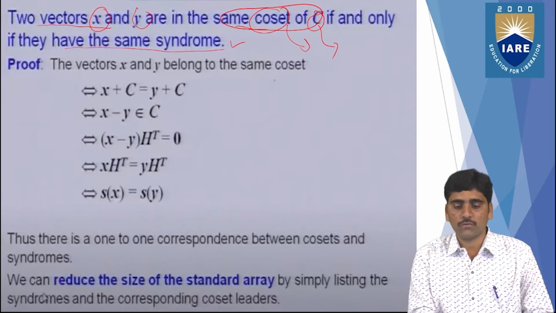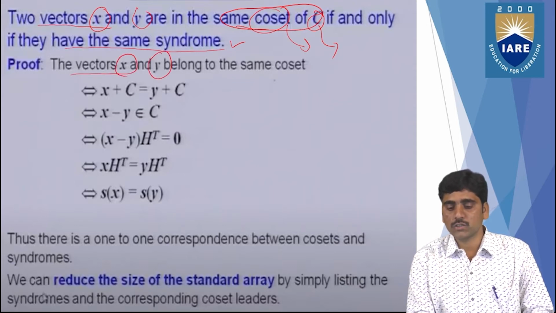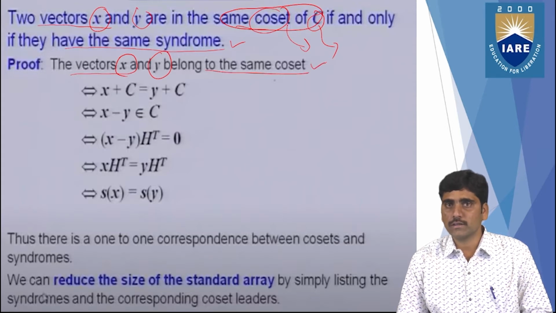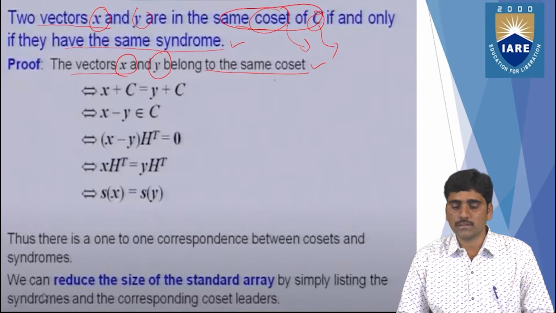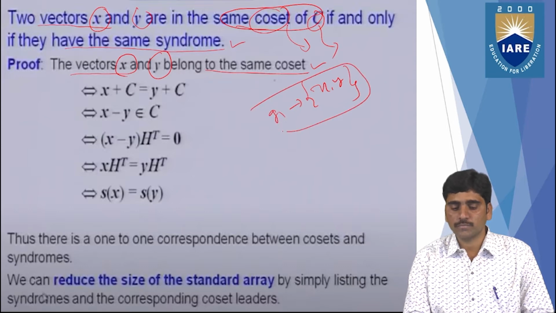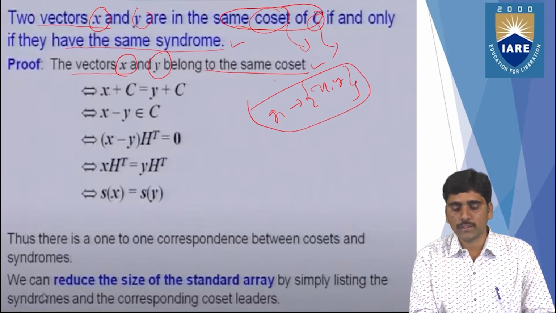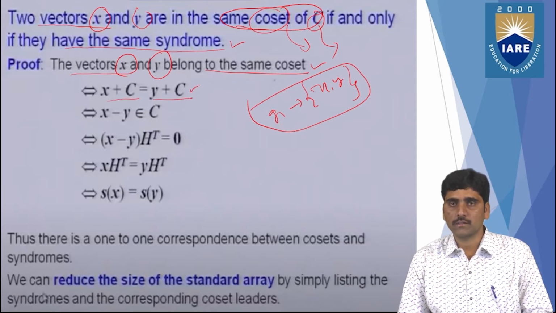So we'll see the proof. Take the vectors x and y belonging to the same coset. That means x and y are two elements belonging to the same group. From the code point of view, x plus c equals y plus c.